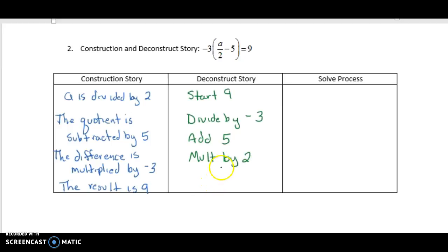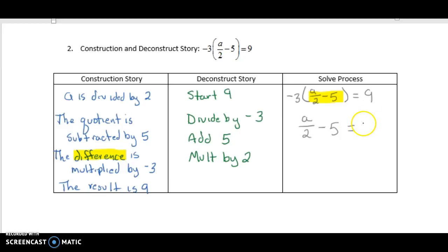And so now in our solve process, again, we start with the equation. And this time we know that we have a difference. And so that difference sits right here. And we are going to divide by -3, which will leave us with that difference. And so we know our difference is a divided by 2 minus 5.